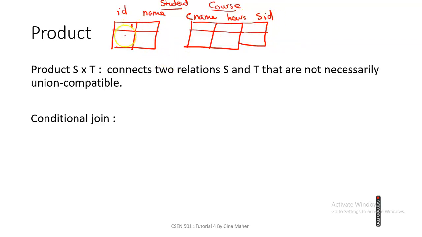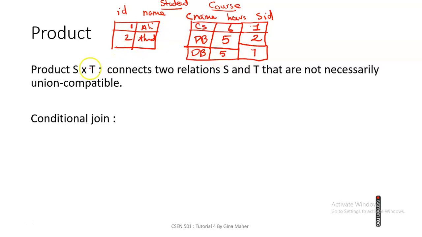Okay, 1, 2, Ali, Ahmed. Course name CS, DB, 6 hours, 5 hours, student ID 1, 2. Make another row, DB for example, 5 and 1.